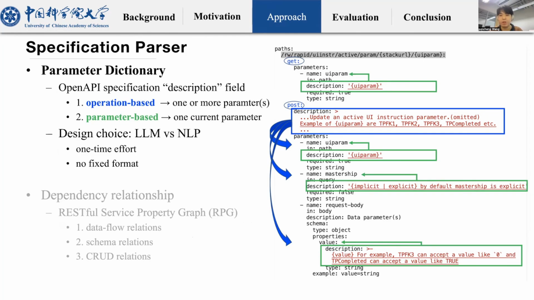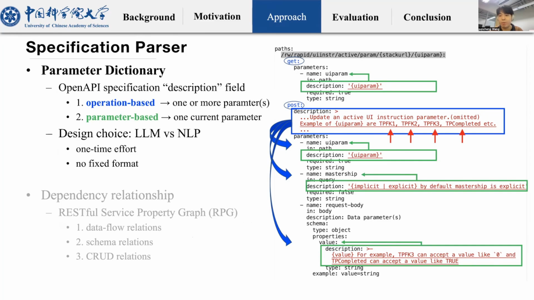For example, as shown in the image, the blue section of the POST operation contains some simple values, such as TPFK1, TPFK2. We extract all parameter names from the endpoint and perform knowledge extraction on the description field to identify possible values for each parameter.